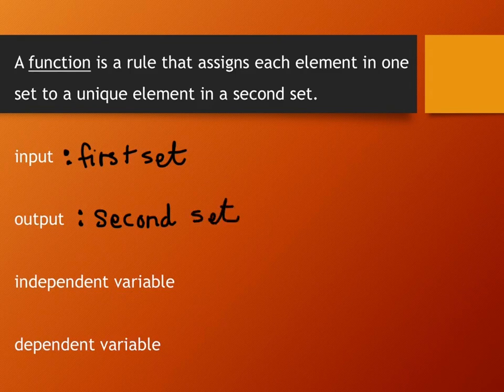And if we're thinking along those lines, we can also refer to the first set as the independent variable. So again, this is the first set. And then the dependent variable is the second set.